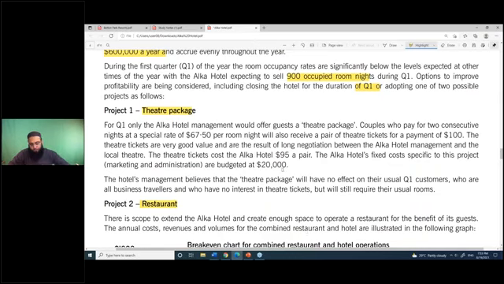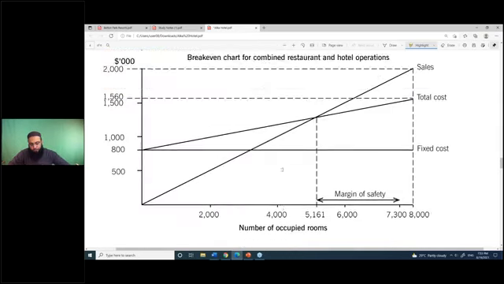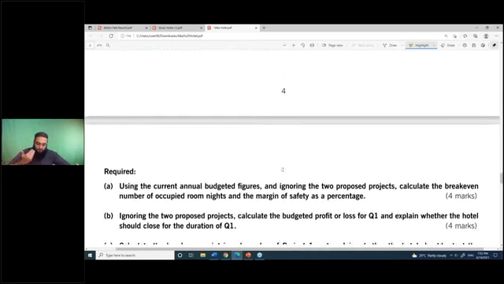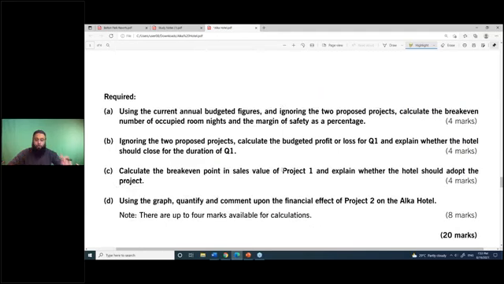Now, what I'll do is first go to the requirements. As I've mentioned earlier as well, it's good to read the requirements first. So let's see the requirement. It says, using the current annual budgeted figures, ignoring the two proposed projects. Calculate the break-even number of occupied room nights and margin of safety as a percentage, for 4 marks.